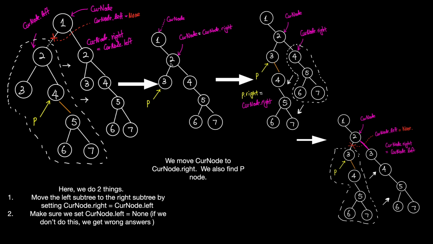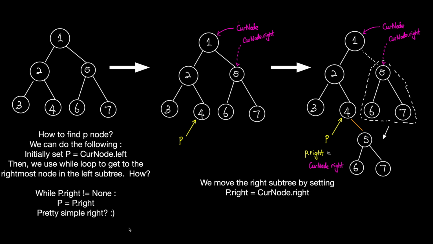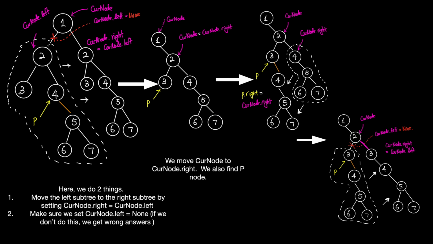Okay, and we have to find this guy again. So we move current node to this guy, and we do that by setting current node equal to current node dot right, and then we use this while loop to find that p will be here. And we do the same thing.